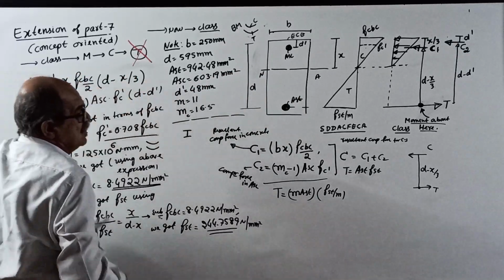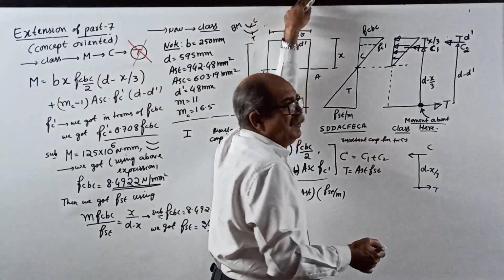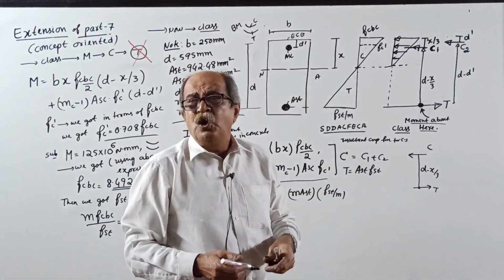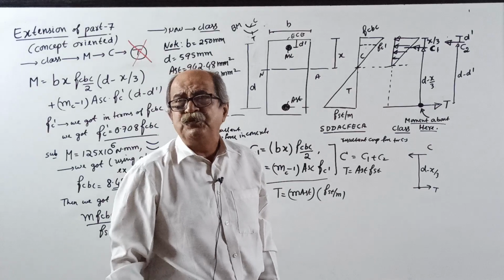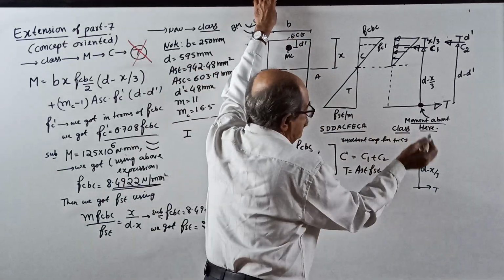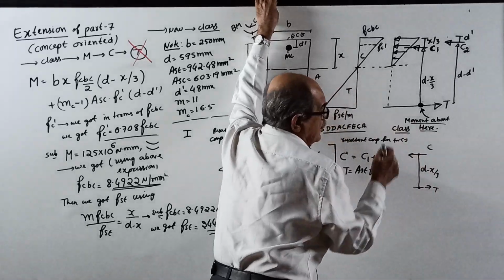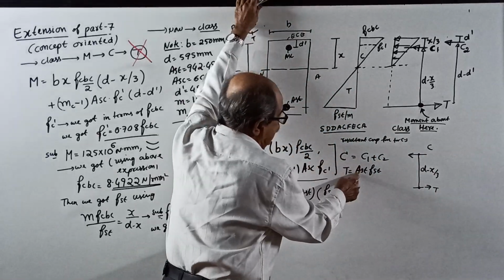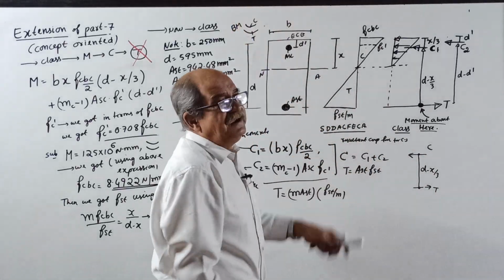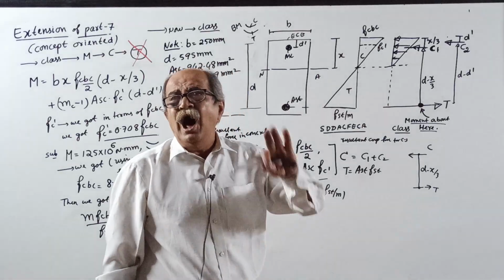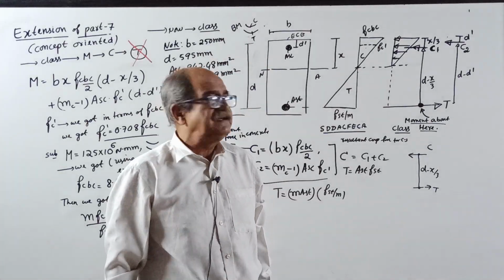That is what we used in singly, parts 1 to 5. Or you can take moment about this point: T into d minus x by 3, that gives AST fst into d minus x by 3. This is all we used in singly reinforced section.